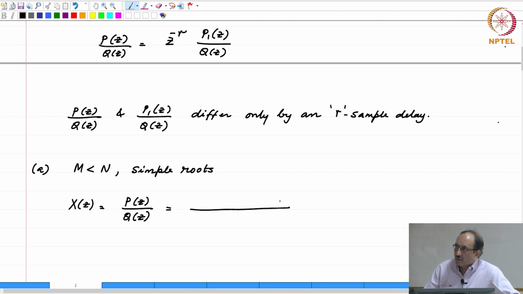For example, if you had 1 by 1 minus a z inverse, then z equal to a is a pole of order 1, whereas 1 by 1 minus a z inverse whole squared is a pole at z equal to a of order 2, and that is not designated as simple. Simple means first order roots.